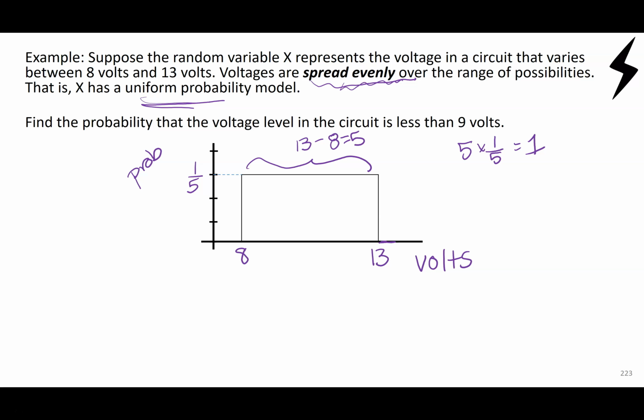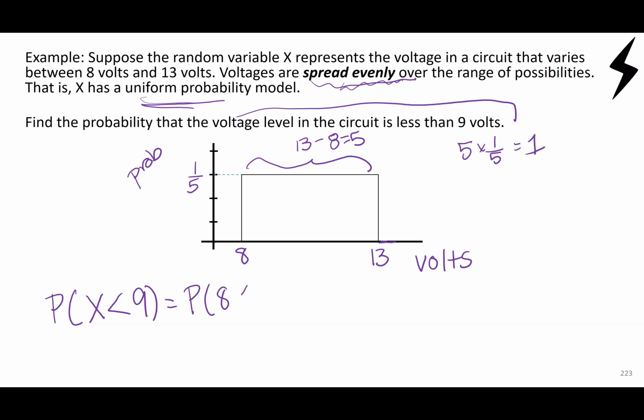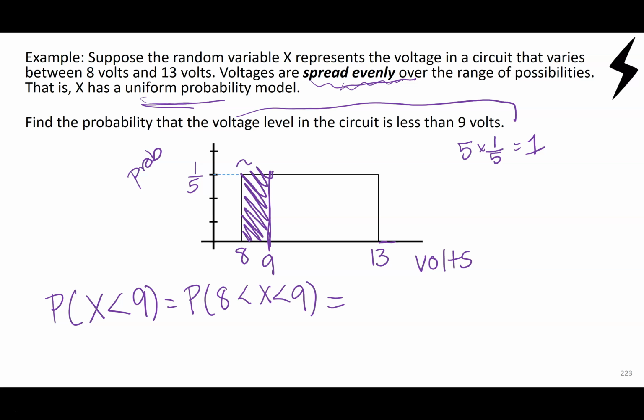So to the question, find the probability the voltage level is less than 9 volts. So probability x is less than 9. That's still the same as saying probability that x is between 8 and 9. Right, so here's 9. Obviously probably not drawn to scale. I want to know the probabilities in between here. So first thing I'm going to do, how wide is this? 9 minus 8. Oh, that's convenient.